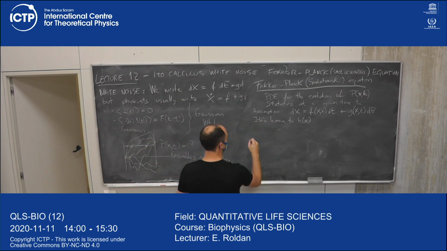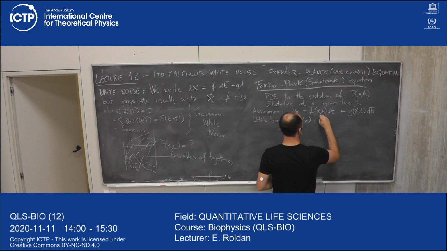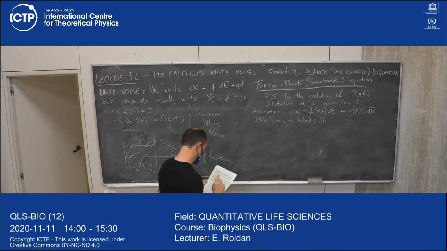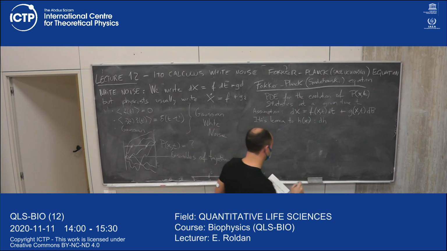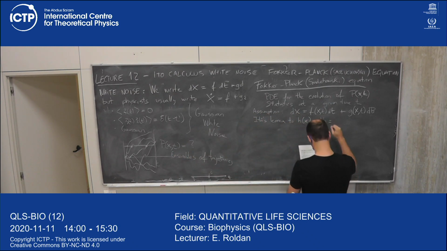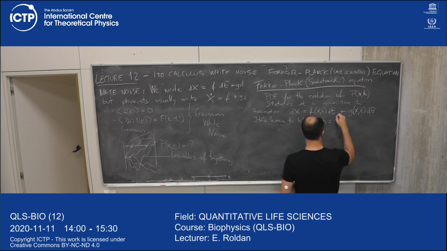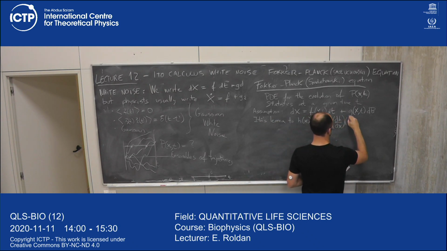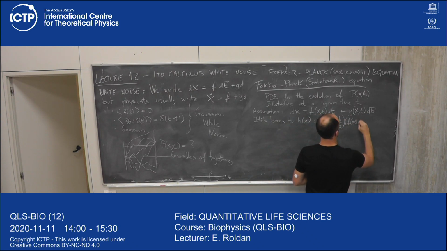This means that dh, which depends only on x, not on t, is dh/dx times dx, where dx is f(x,t) dt plus g(x,t) dW.